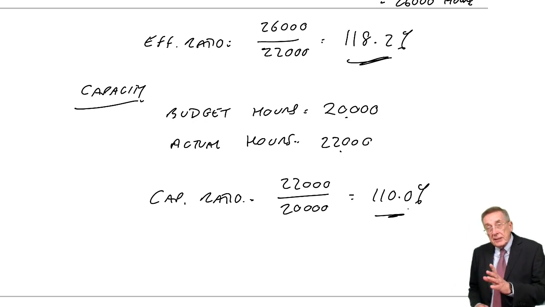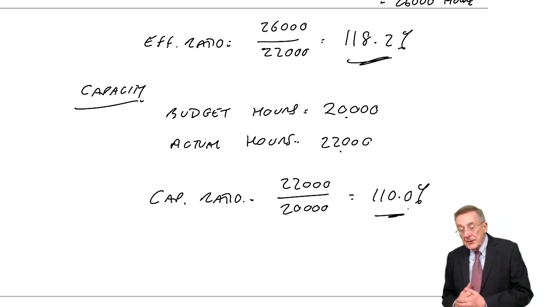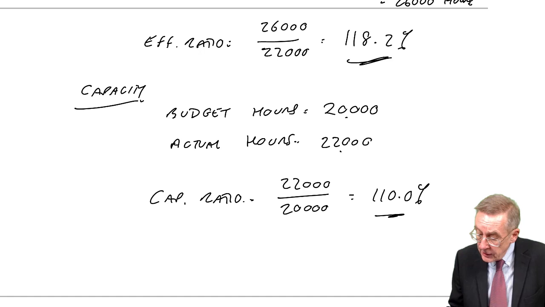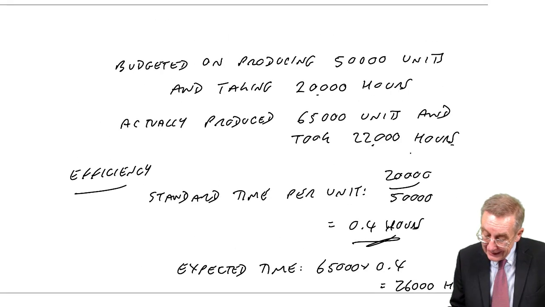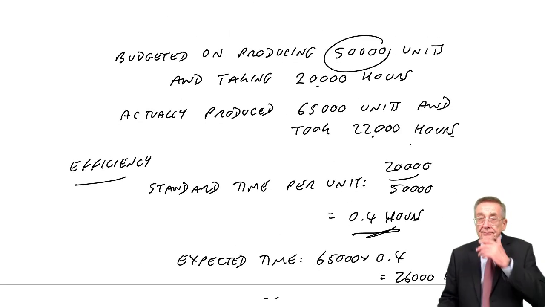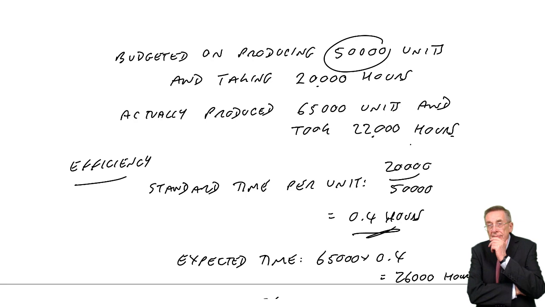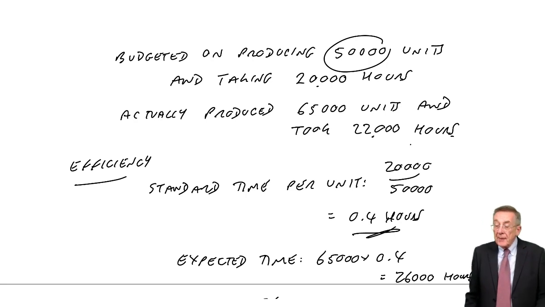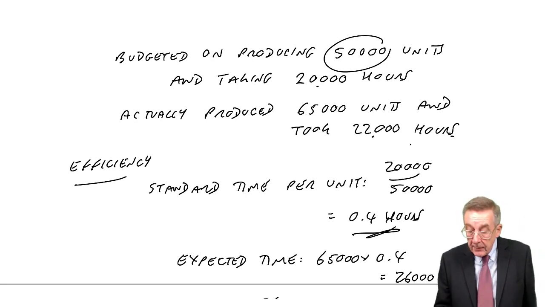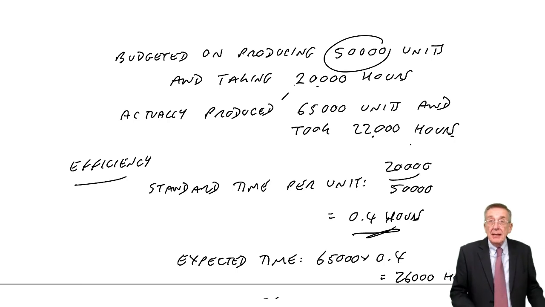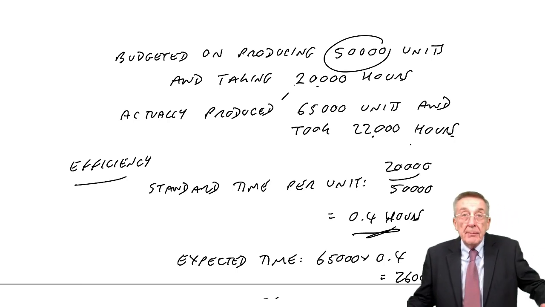Now, those two effectively we can put together. Now, think about this. We budgeted on producing 50,000 units. How are you going to manage to produce more? There are two ways of producing more. One would be to get more labour. If we can get more labour, we should be able to make more units.